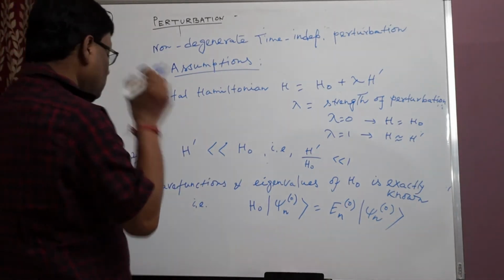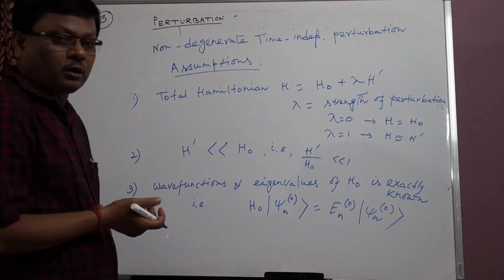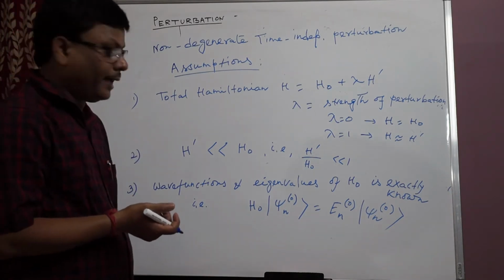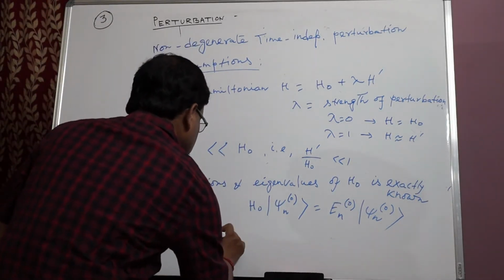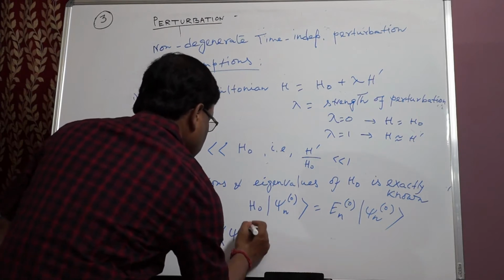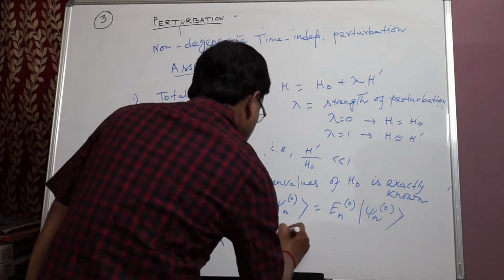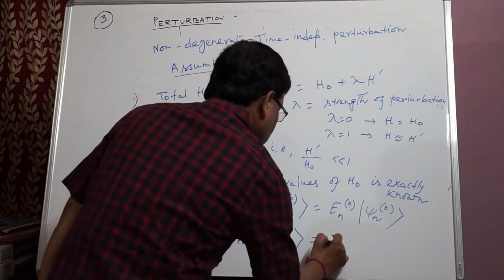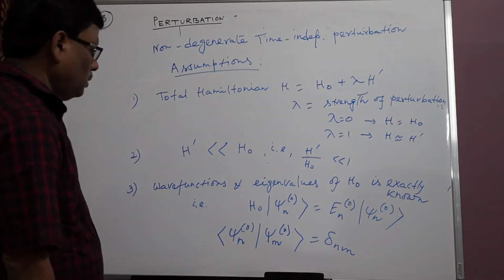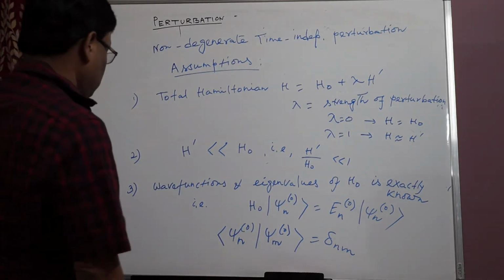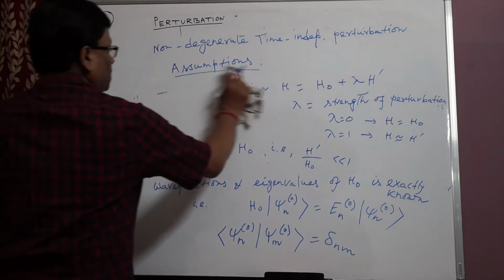I use the notation 0 to denote the unperturbed wave function and energy. Here the psi n0 are orthonormal wave functions, with inner product equal to delta nm. Okay, these are three conditions.